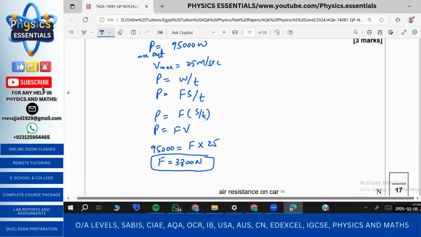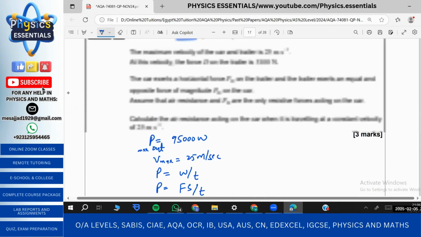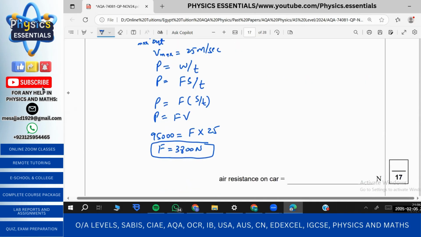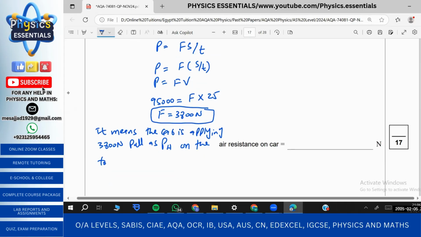So it means the car is applying 3,800 newtons of pull as PH on the trailer to move it at 25 meters per second.